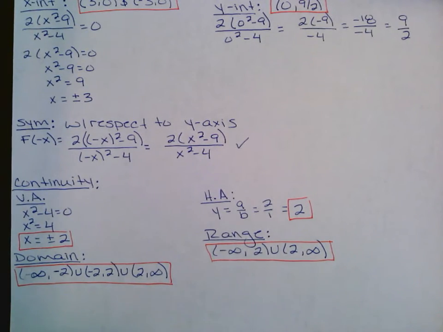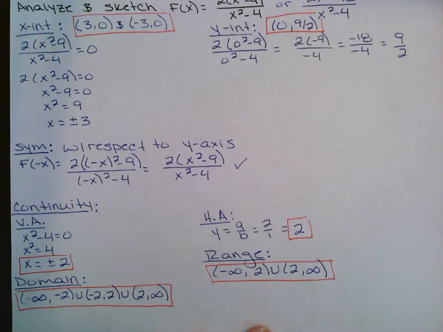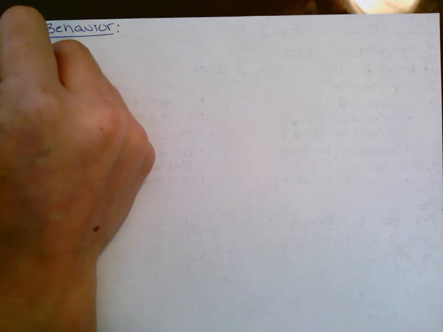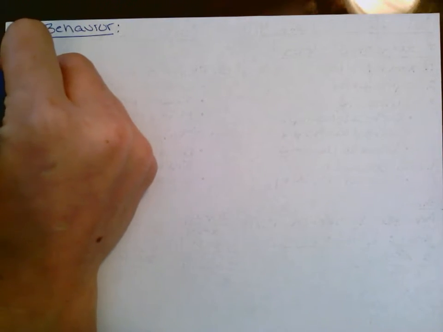All right. So let's move on to end behavior. In order to check for end behavior, I'm going to do the limit as x approaches infinity, okay?